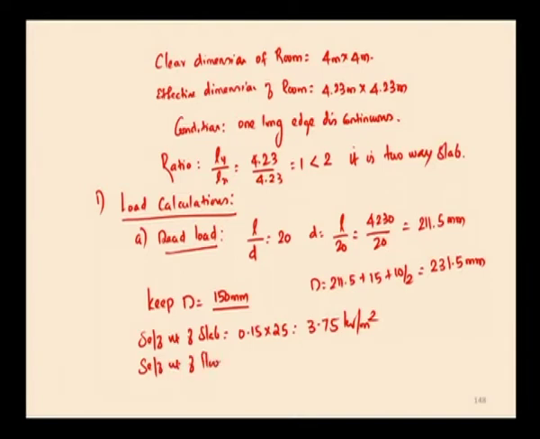So, I am going to provide the floor finish of thickness 0.025 and the concrete flooring, the unit weight is 24, that is equal to 0.6 kilonewton per meter square. In addition to this, I also consider the weight of partitions. The weight of partitions here is 1.96 kilonewton per meter square.